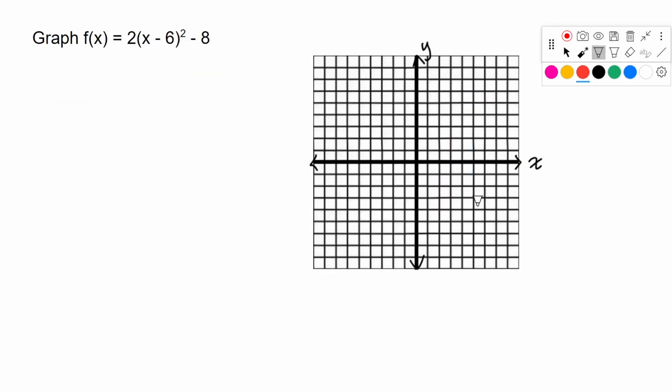And one more, again identifying any translations, we're going to have a shift to the right 6. We're going to shift down 8 units.